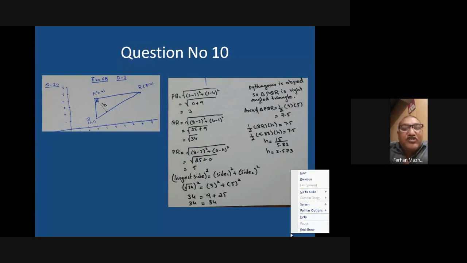That's the procedure for how you prove that it is a right angle triangle. Then you find the square of the largest side. The largest side will be under root 34.